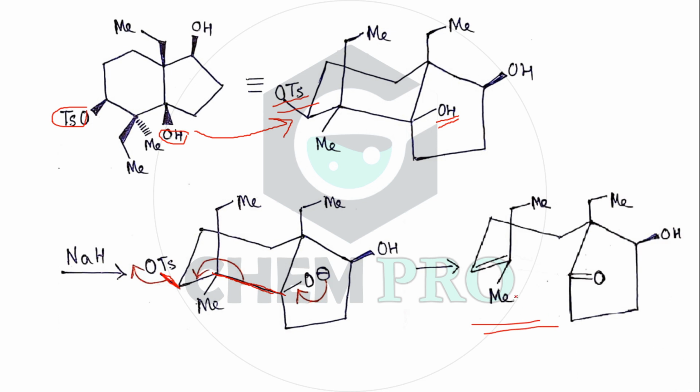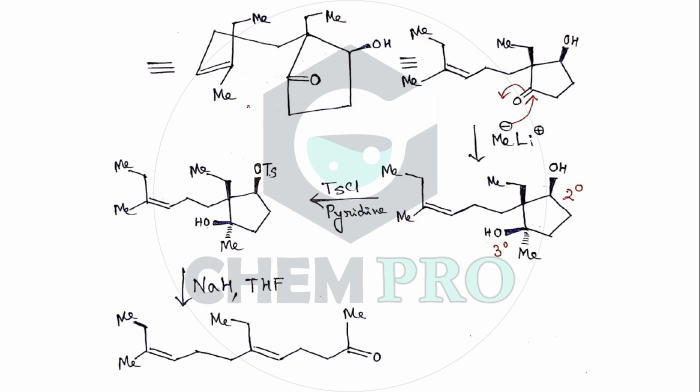so after getting this product, we can write this product like this, and then Me minus or methyl minus will attack the ketonic carbon, and after this we can get an alcohol like this. Okay, then we have to see here that this alcohol is a 2-degree alcohol, and this alcohol is a 3-degree alcohol.